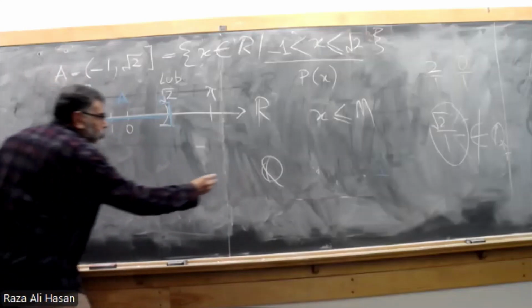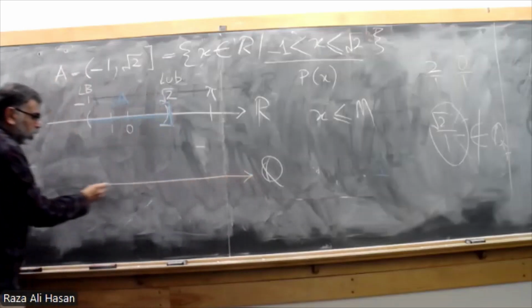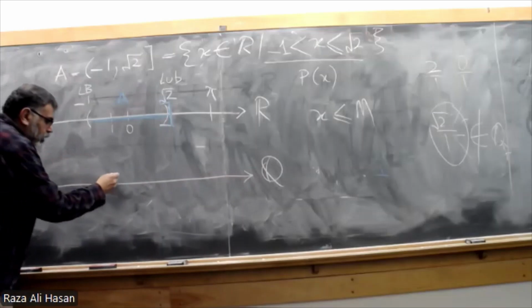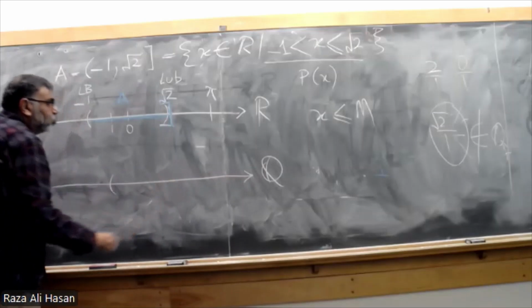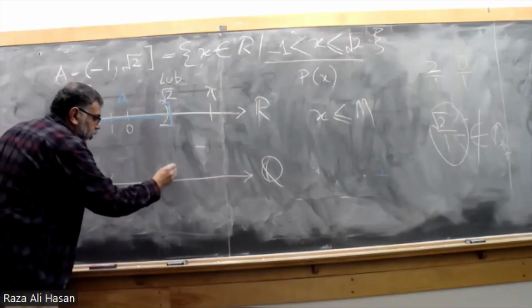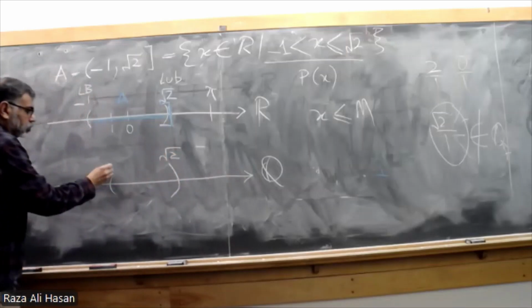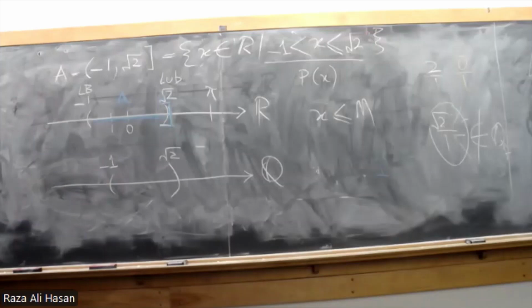All right, so you can have a subset of the rational numbers. And so I'm just going to use this guy here. Okay, why is this set a subset of the rational numbers?